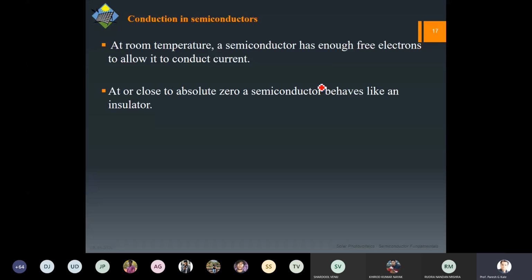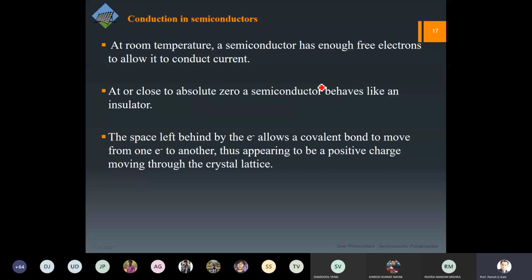Now, what happens when this electron is moved? Obviously it is breaking the bond, so that bond is absent. So the electron is now available. When the electron moves away from its place, there is some void, or some space, which is left behind.